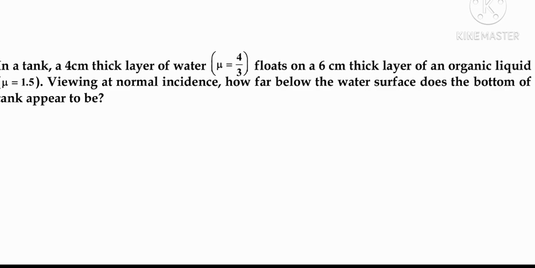So here the water layer is floating on an organic liquid having thickness 6 centimeters, and the water layer thickness is 4 centimeters. Total thickness is 10 centimeters, that is the real one. But here we are seeing from the rarer medium, and the bottom of the tank, the object, is in the denser medium.